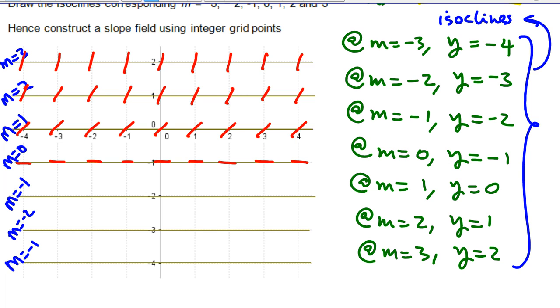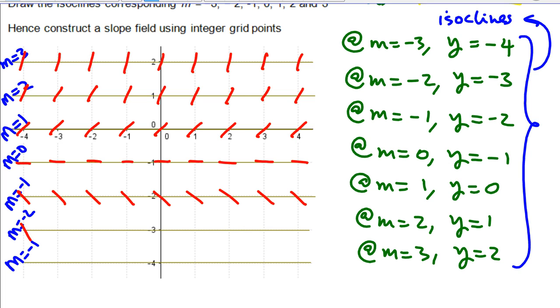In fact, when a curve crosses a specific line, then the slope of that curve must be the gradient of that isocline. Okay, I'll show you that when I work out an example. Anyway, this is negative 1. So that will be like that. That's negative 1.